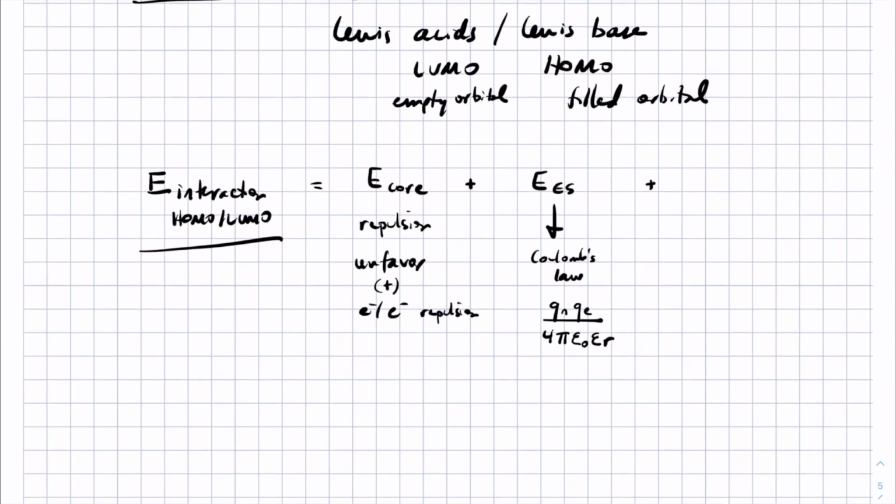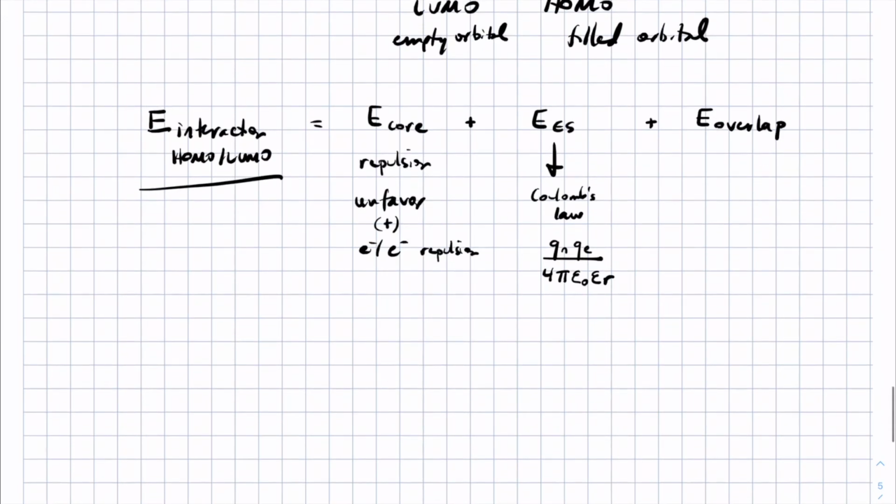Alternatively, another way you can get a nucleophile and electrophile to interact with each other is by having really good orbital overlap.